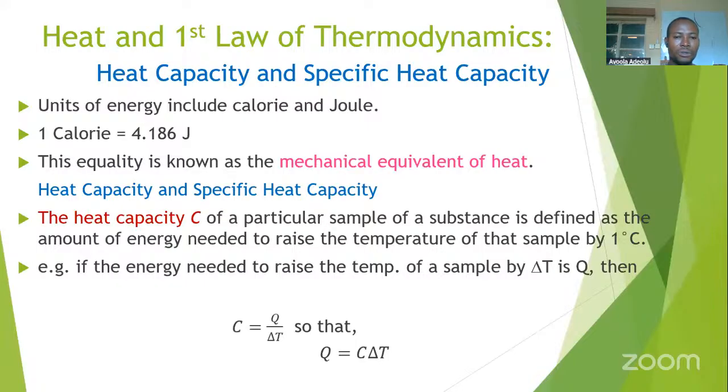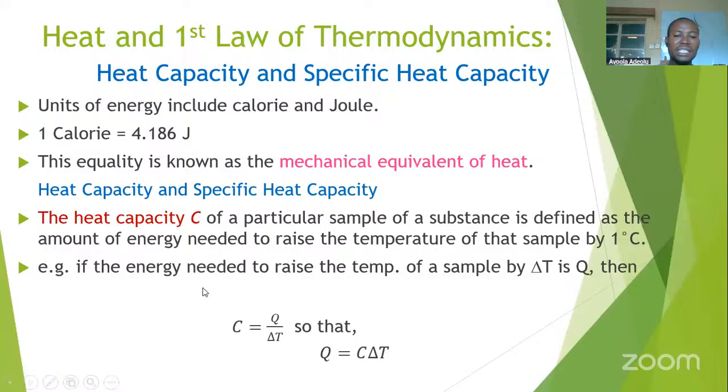I will tell you the difference between the two when we get to specific heat capacity. I know many of you know this from secondary school. Well, the majority of you don't know.